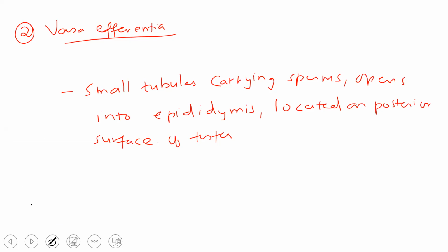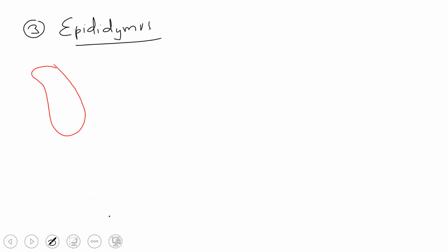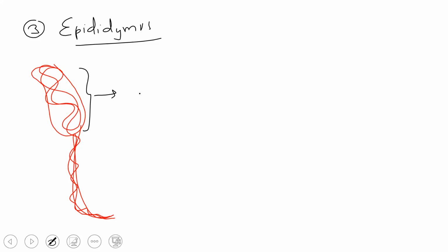Now we'll talk about the epididymis. Epididymis is most important. So if you take the structure of epididymis, it looks something like this. Okay, it is highly tubular and convoluted. This part is what we call caput or head.